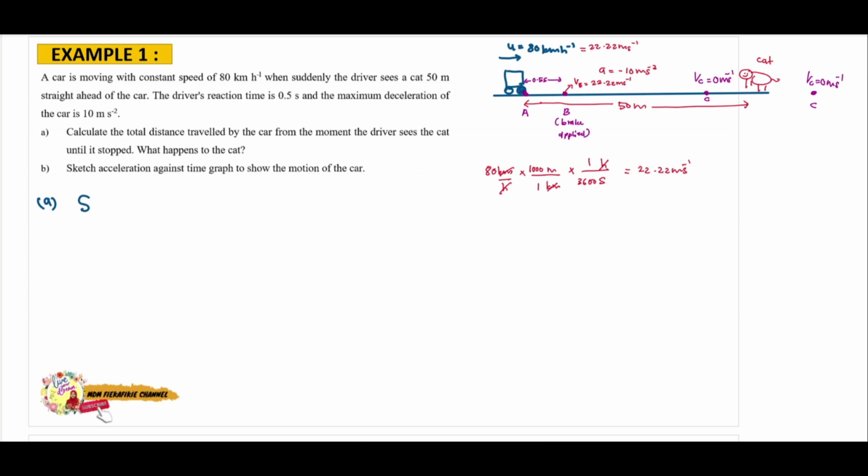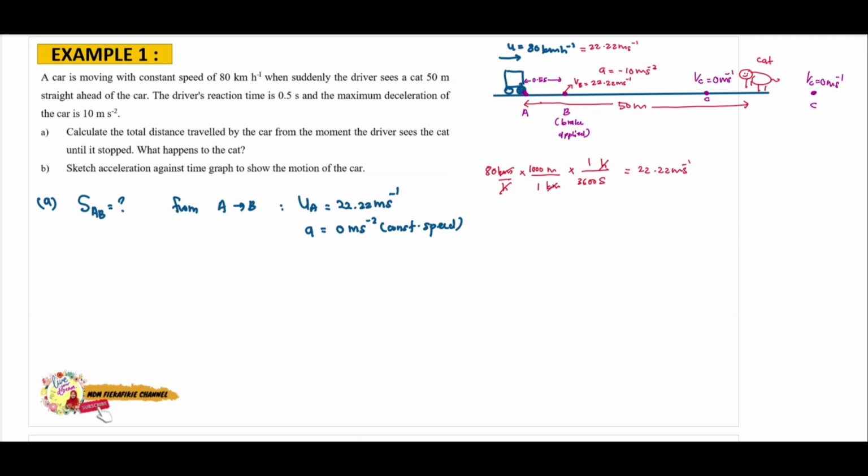So I want to calculate first what is SAB from A to point B. So we know that from point A to point B, UA, initial velocity at point A, is 22.22 meter per second. And since the car is moving with constant speed, from A to B the acceleration is 0 meter per second squared, because constant speed.